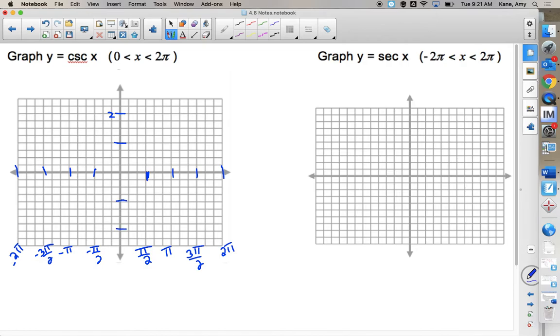I'm going to just label the secant as well so that they're both labeled. So the labeling is the same for each initial graph.